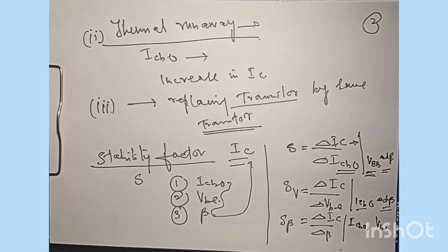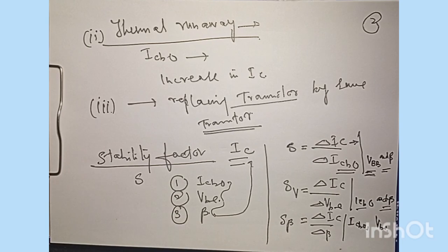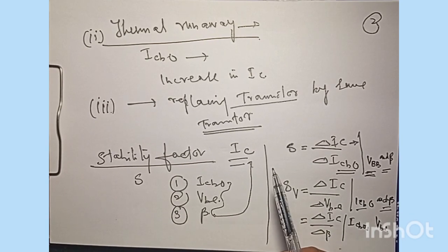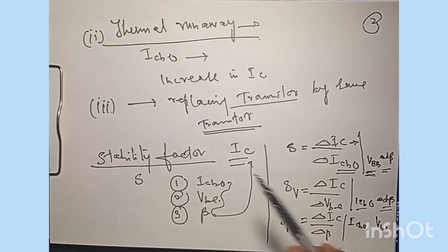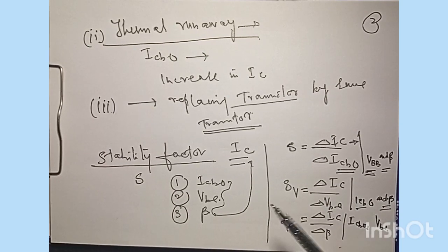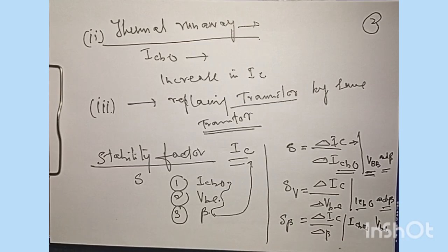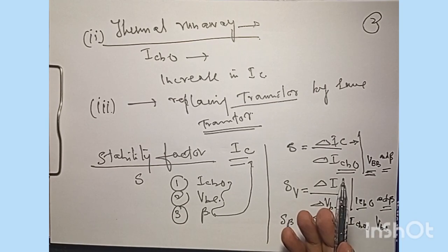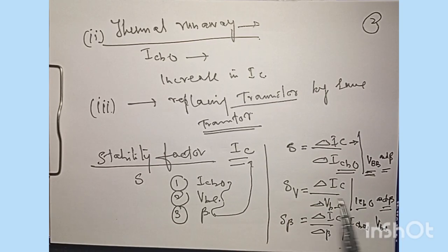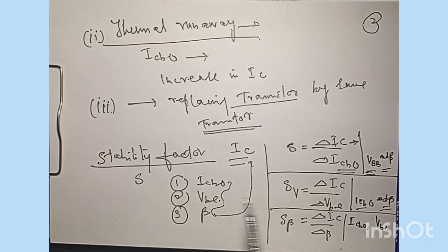So the stability factor is basically the rate of change of collector current at the given Q point, the given operating point, relative to the parameters that we have considered in these equations.